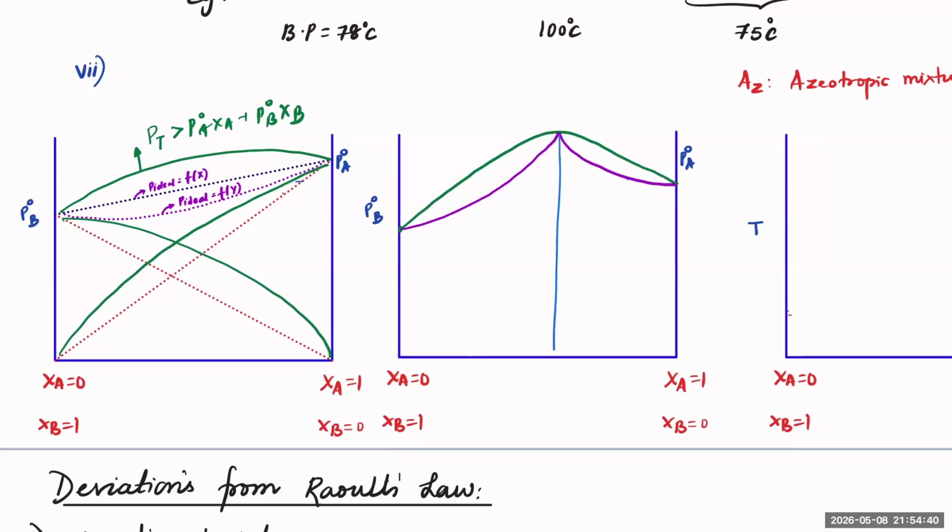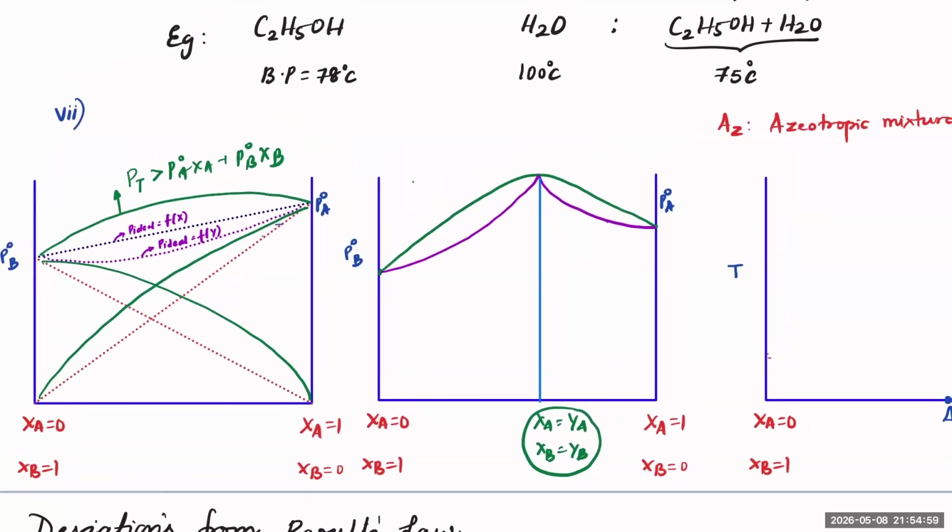So this is a point where mole fraction XA and YA will be equal, or XB and YB will be equal. Okay. Such a case where the mole fraction in liquid state and vapor state is same, then we say the mixture of the solution is called an azeotropic mixture.